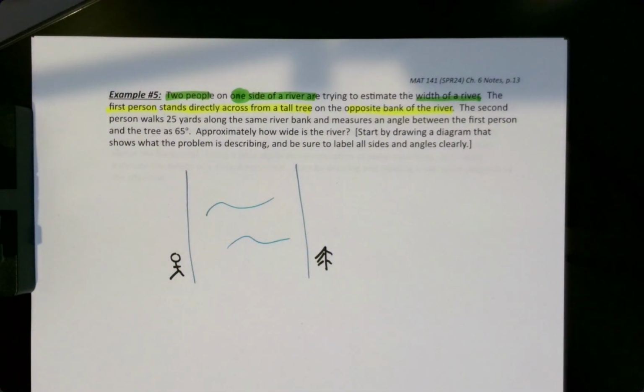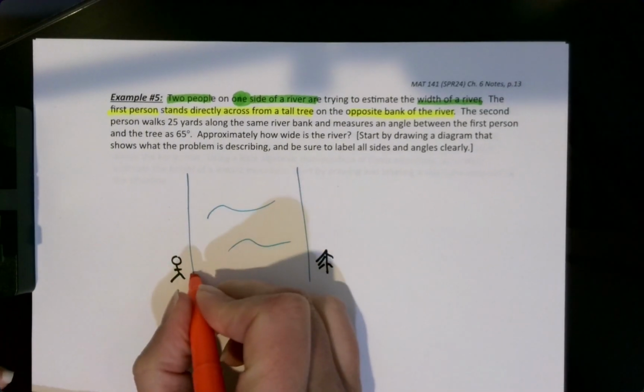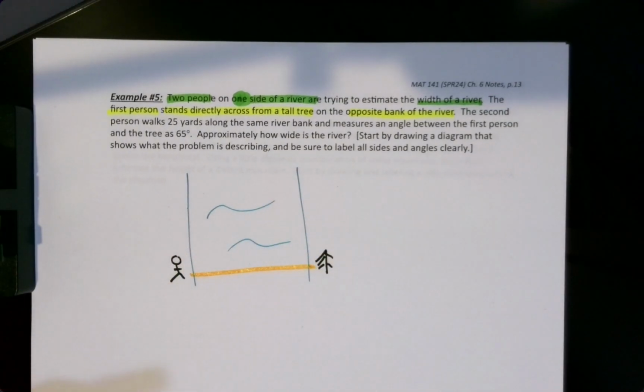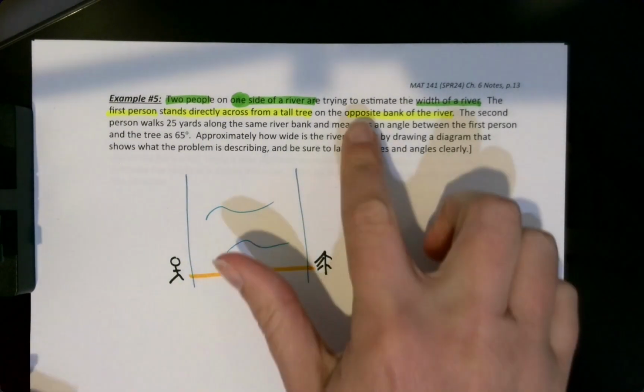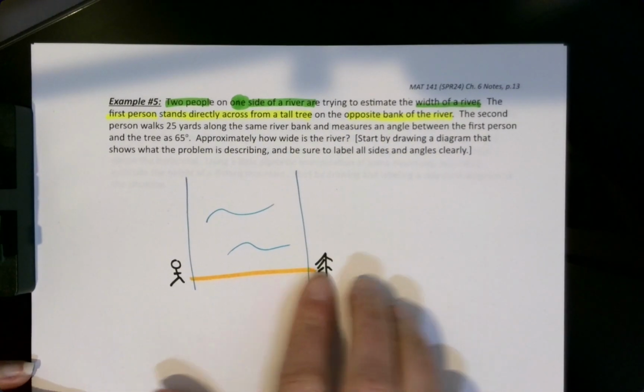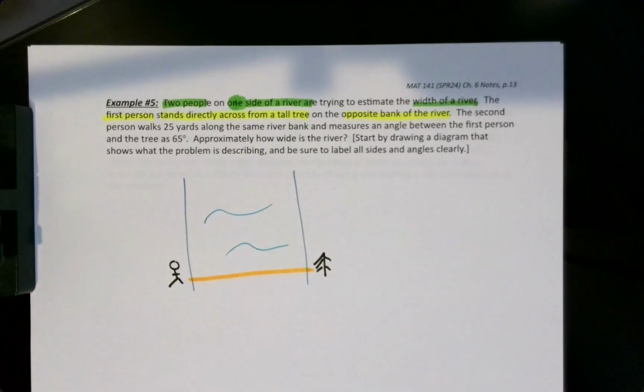Okay. So I'm seeing that part of my triangle is going to be the distance or the side that's between these guys. And the tree's on the bank, so it's like right on the edge of the river. The person's right on the edge of the river, so that distance between them should be the width of our river here.